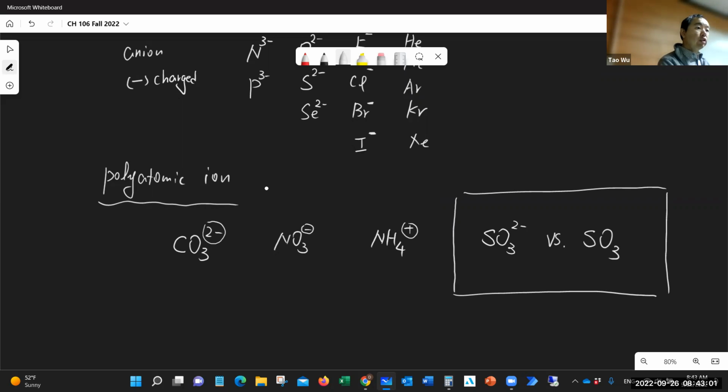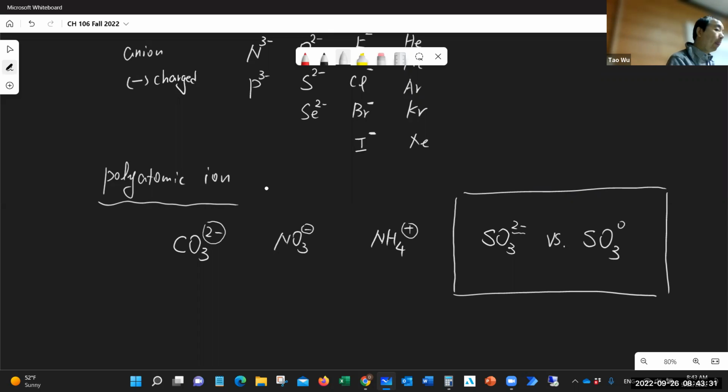If you just look at their symbols, it already shows a difference, because SO3 2 minus has a 2 negative charge. But this one is written just SO3, without anything there. It's not because somebody forgot to write the charge. It's because their charge is 0, which means there's no charge.